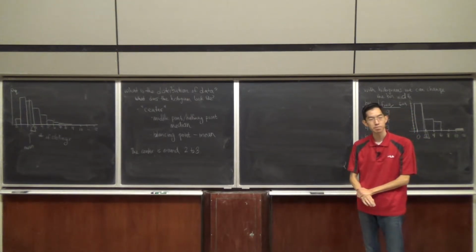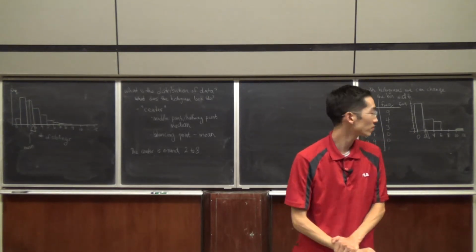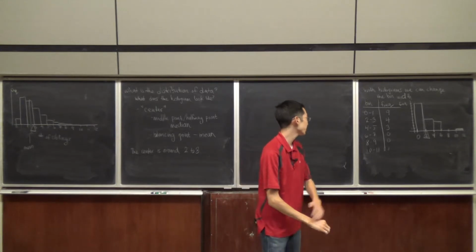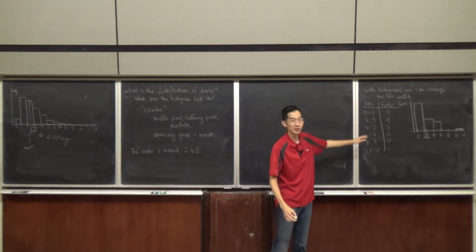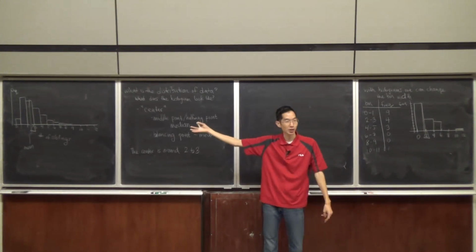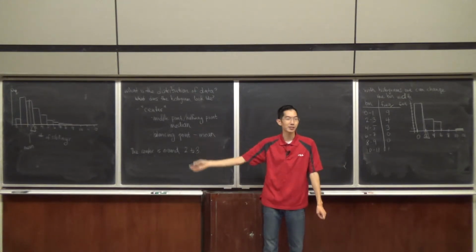To determine the halfway point, we can also go back to the graph that we made, like the frequency. If you have the actual frequency table, you could use that to determine your halfway point. But sometimes you're just given the picture of the histogram, we would just estimate, and you would just kind of eyeball it.